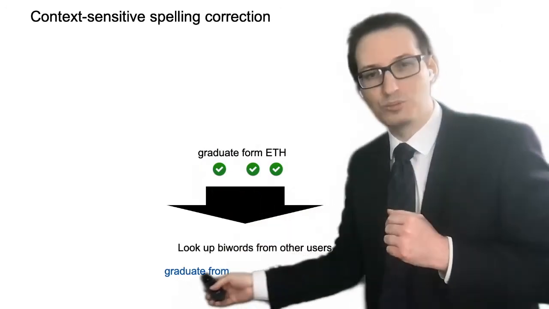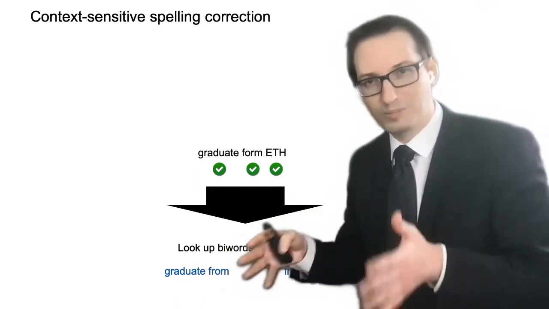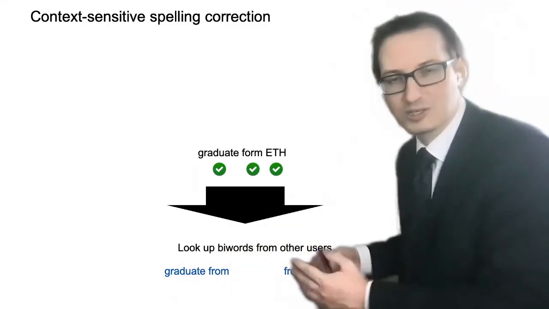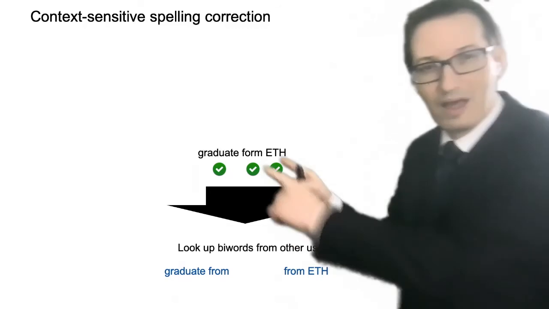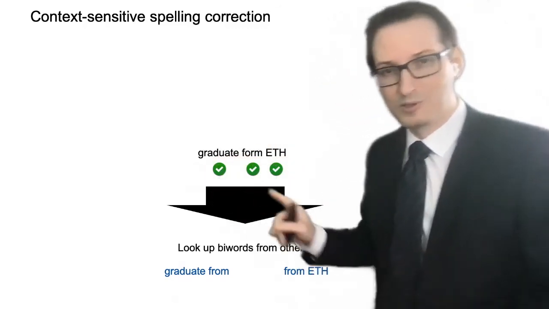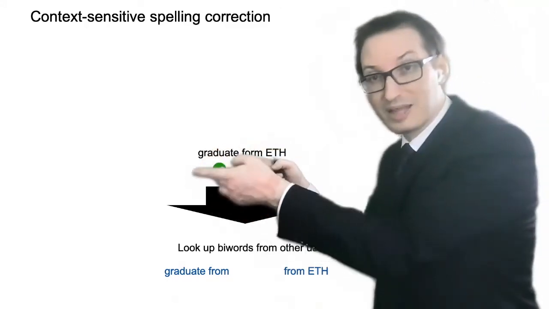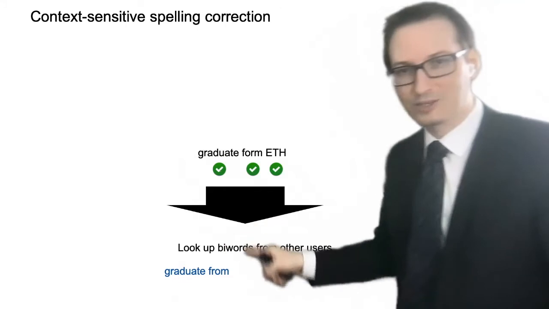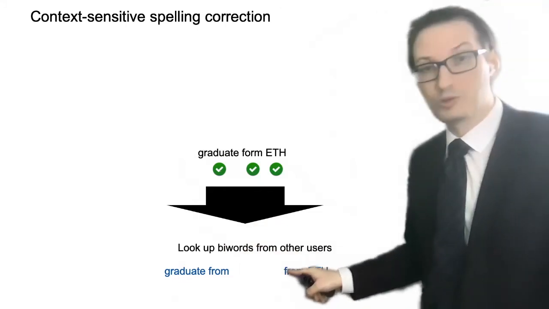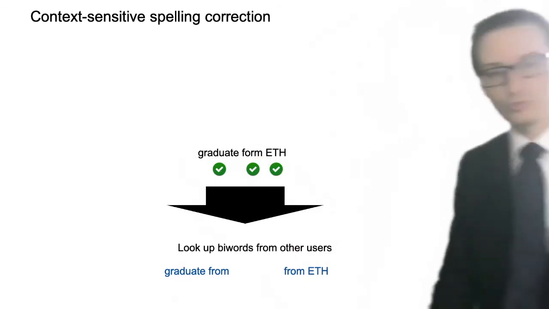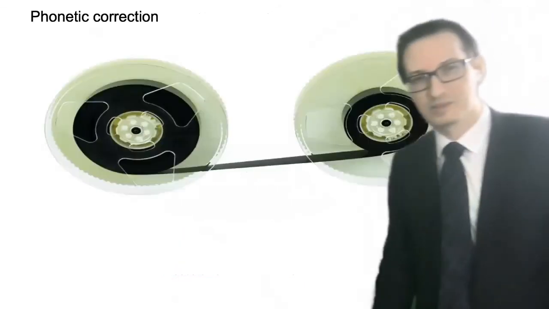Graduate is likely to be followed by "from". "Graduate from" is a biword that you find in many places. "From ETH" is also something you find in many places. "Graduate form" and "form ETH", rather unlikely, right? So with the context, and now it's biwords, it's still sliding windows, but on words, we can actually also use the biword index in order to do some context-sensitive spelling correction.